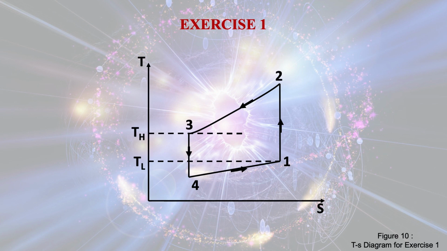We call it reversible adiabatic compression. 2 to 3 is the constant pressure heat rejection process. 3 to 4 is reversible adiabatic expansion, and 4 to 1 is constant pressure heat addition, or H1 minus H4, we call it the net refrigerating effect.